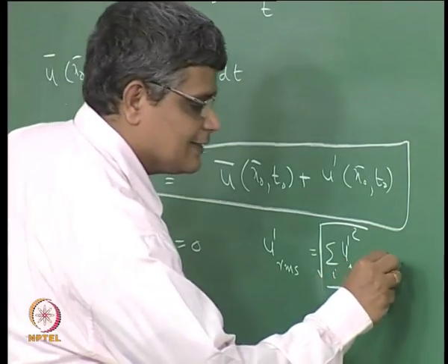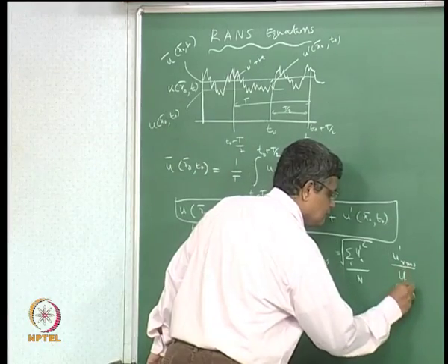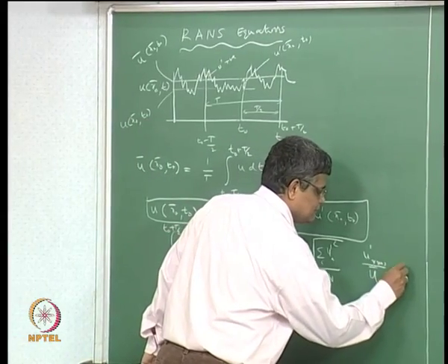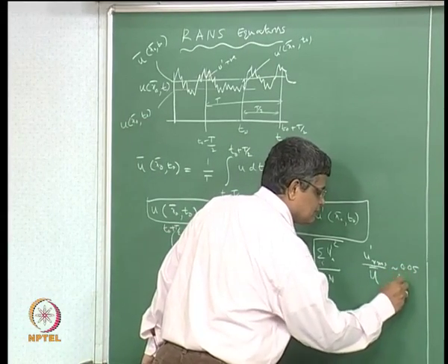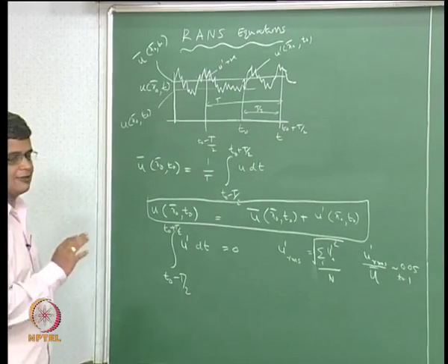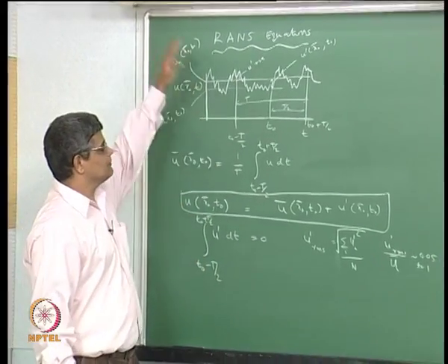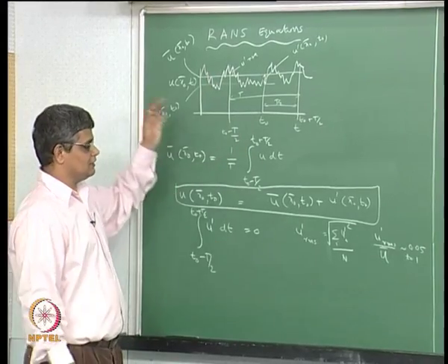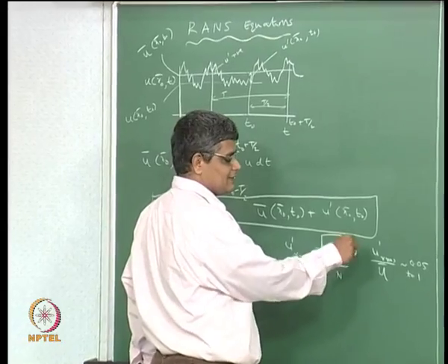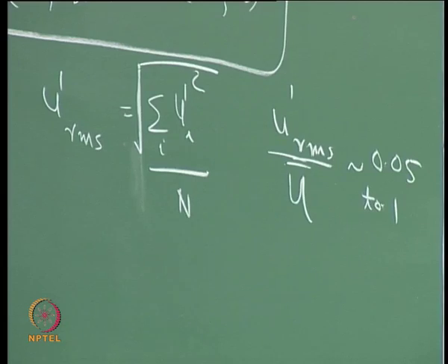And we can say that typically u RMS by u average at a particular point is between 0.5 to 0.1 or even less. Okay, it's of this particular order. So the fluctuation is not like 50% fluctuation and 100% fluctuation and so on. The true turbulent fluctuations that one would record will be only of the order of 5 to 10% or even 2% and so on.